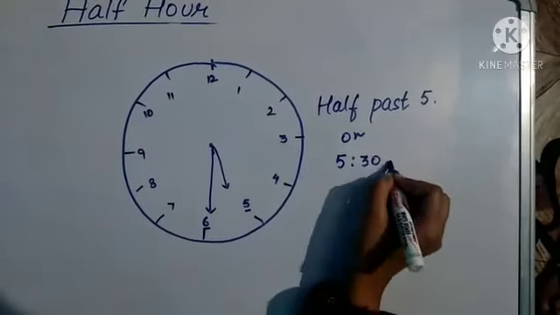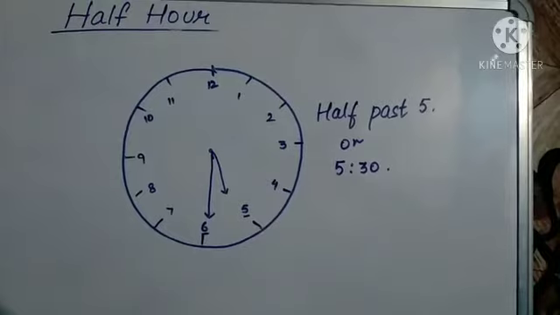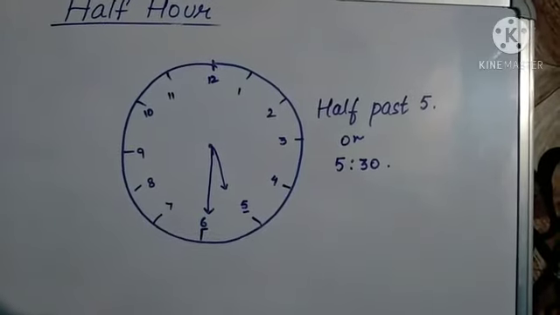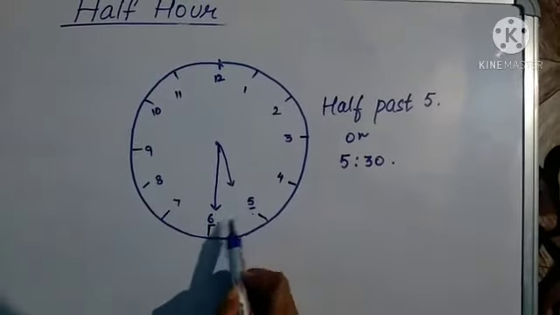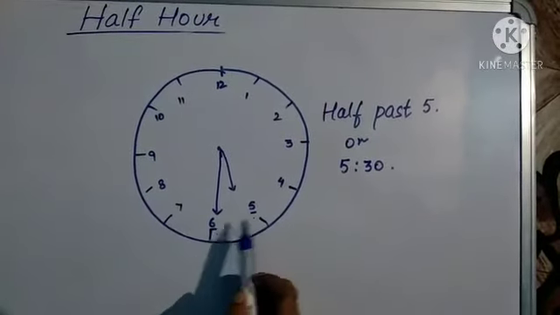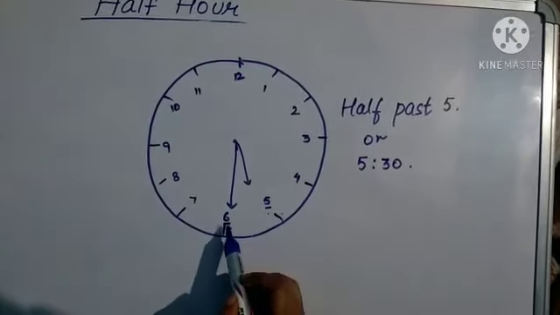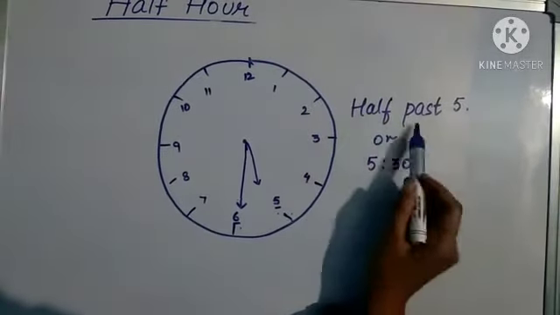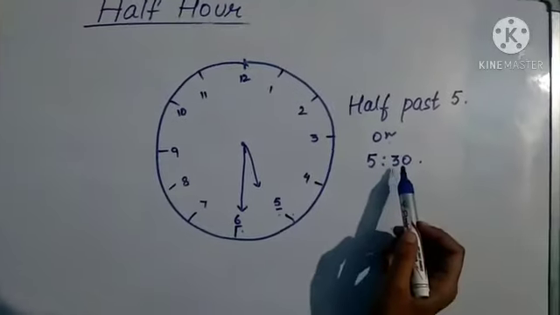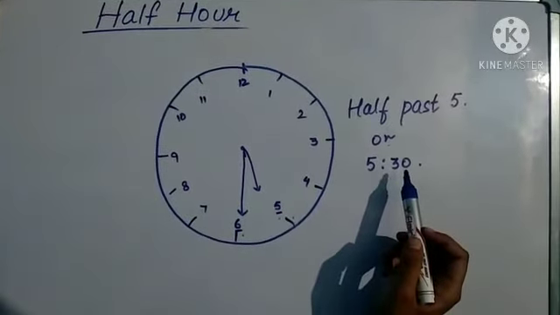So here the hour hand is between 5 and 6, that is after 5 but before 6. We read this time as 5:30. Okay students?